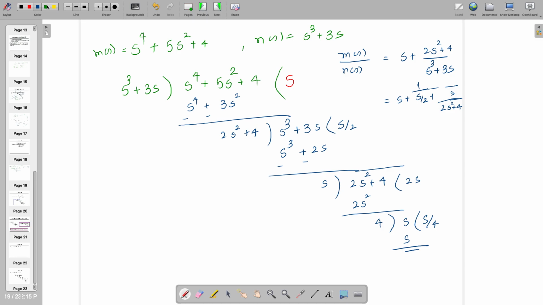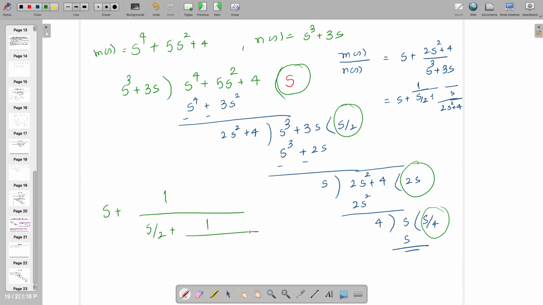So you need to check all the entries. If they are negative, it's not realizable, right? If they are negative, they are not realizable. And when we are writing this equation, it's equal to s plus 1 by s by 2 plus 1 by 2s plus 1 by s by 4, right?